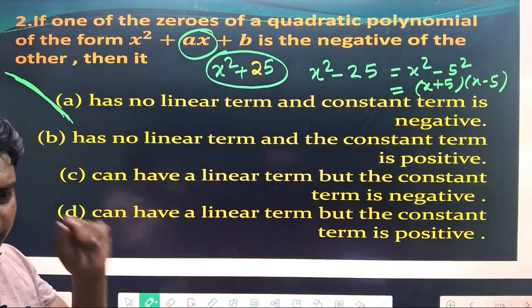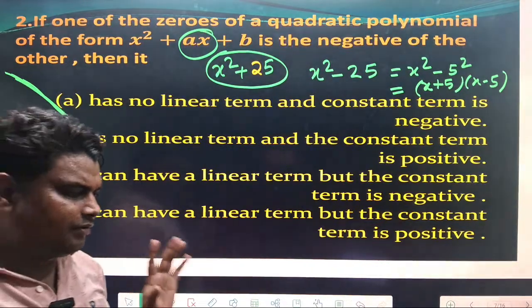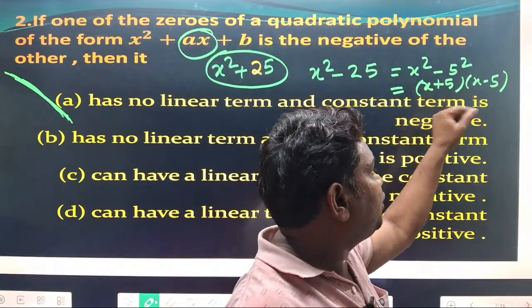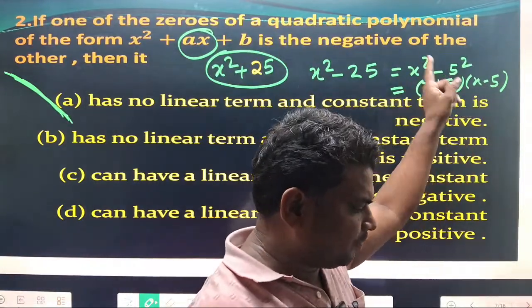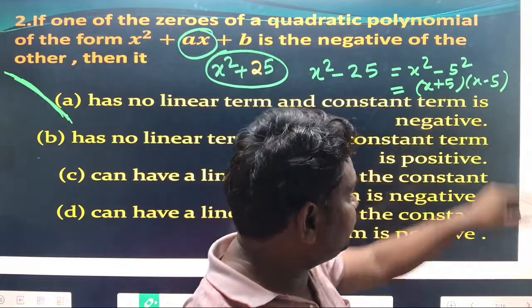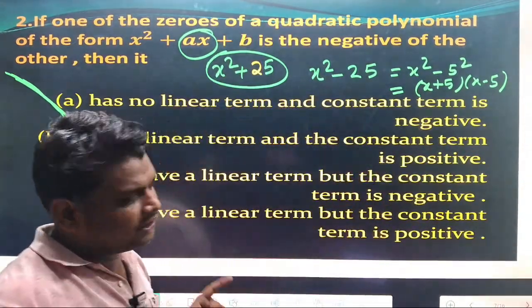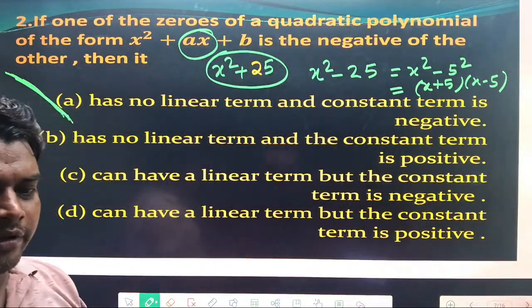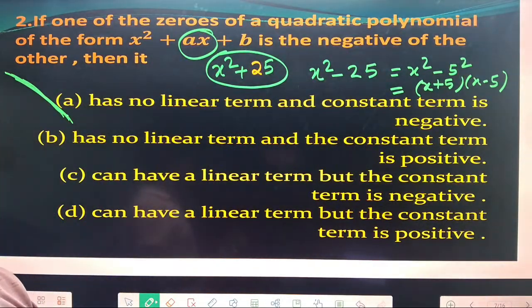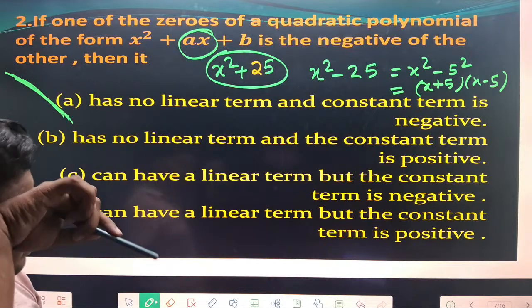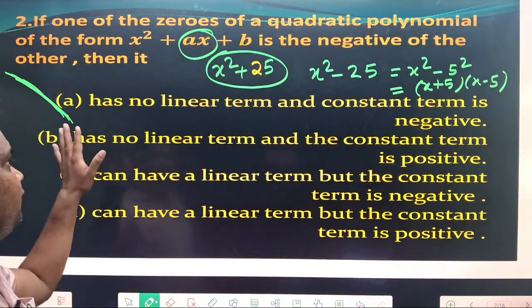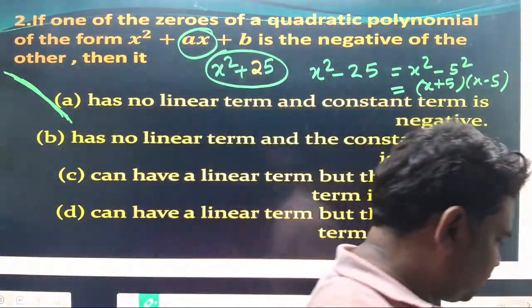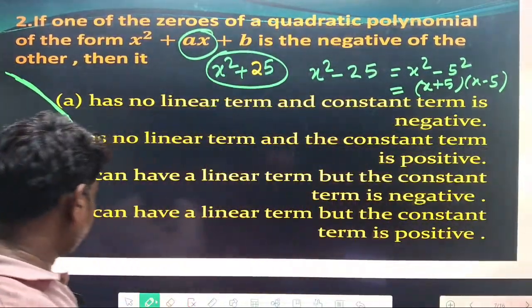If you equate these factors to zero, the result is that x is equal to 5 and x is equal to minus 5. The constant term is negative. So option A is the correct answer.